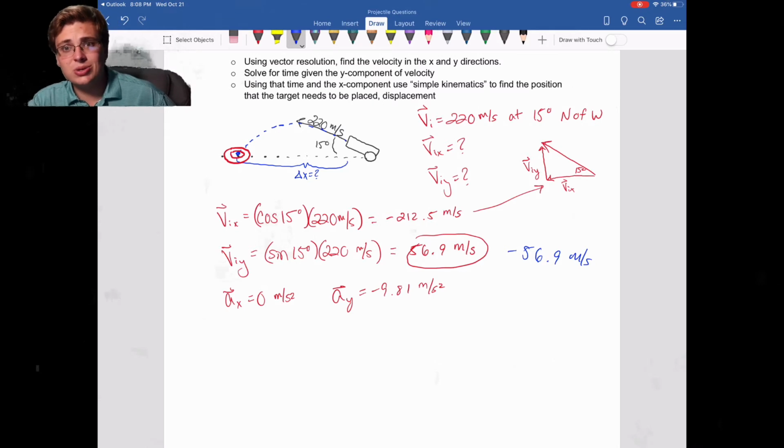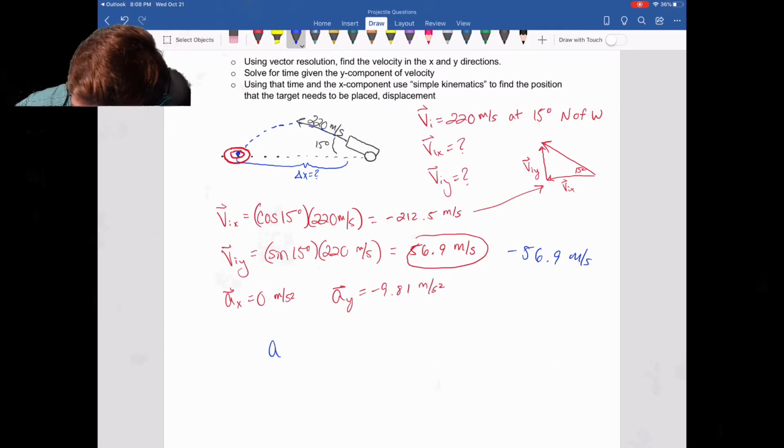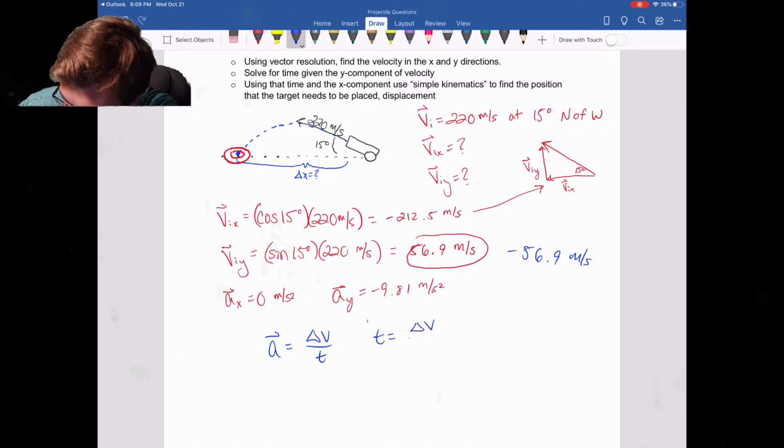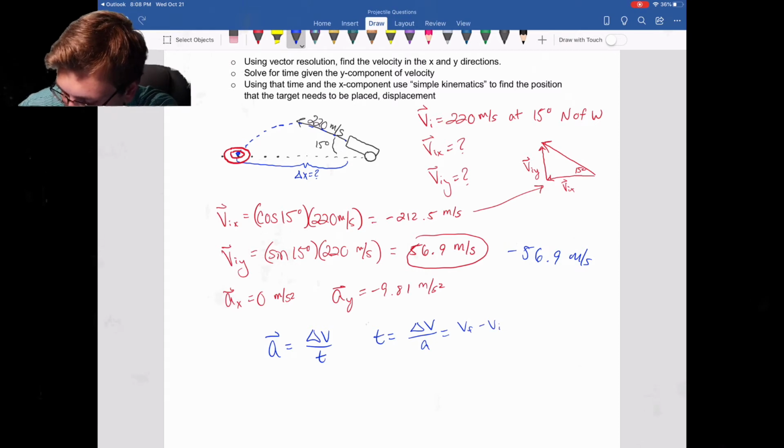So we can use that in our calculation, because we know our a equals a change in velocity over time. So time is going to equal our change in velocity over a, which equals vf minus vi over a.